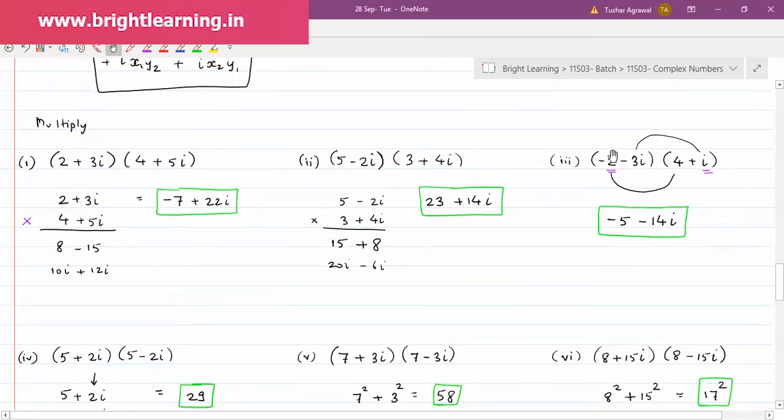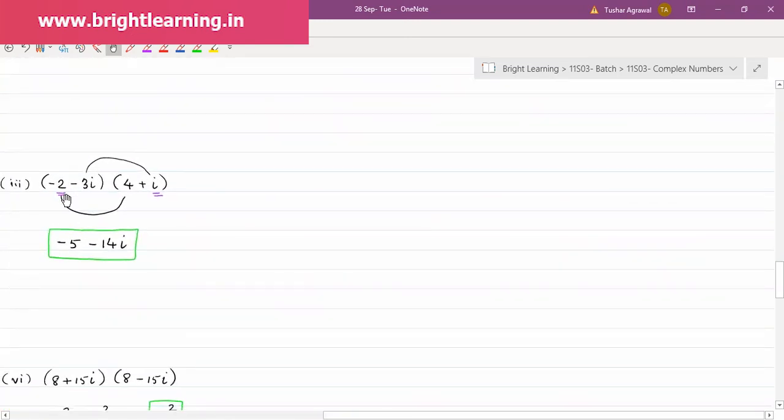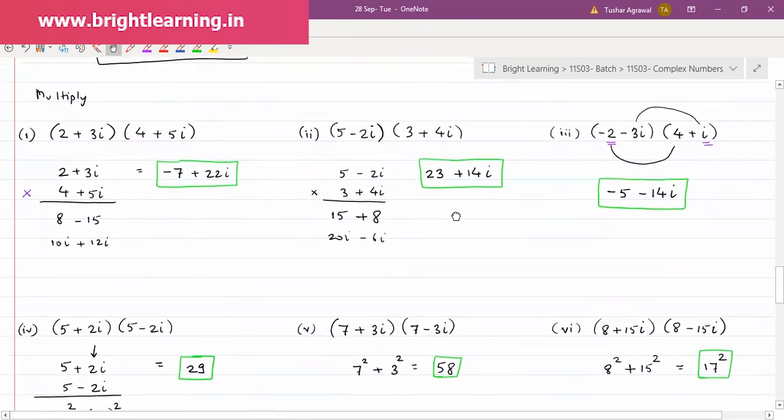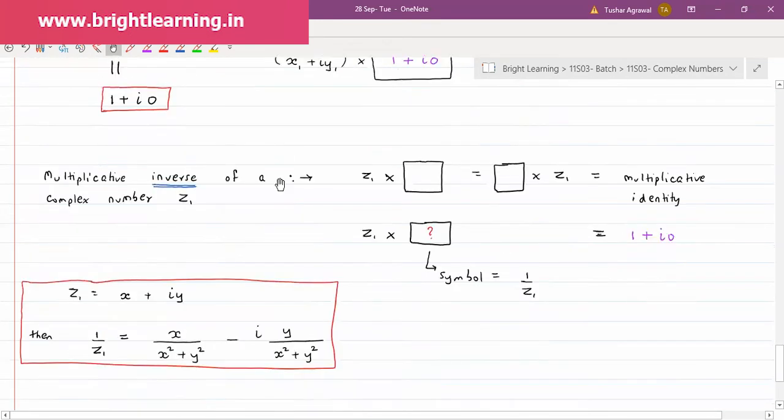You should get comfortable with horizontal multiplication, because in competitive exams you don't have the time to first write vertically and then multiply. But for the starting purpose, since this is our first lecture on multiplication, we write z1 below z2 and multiply using the same distributive law. 4 5s are 20, 3 5s are 15 with the negative sign, and the cross terms 2 into 5, 4 into 3. So here also I will do that only.